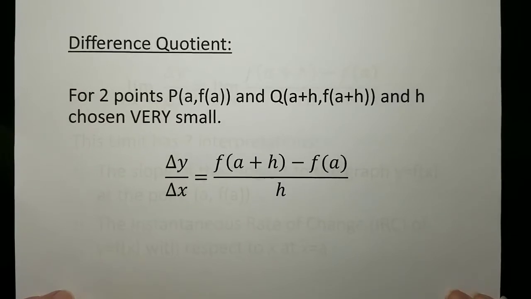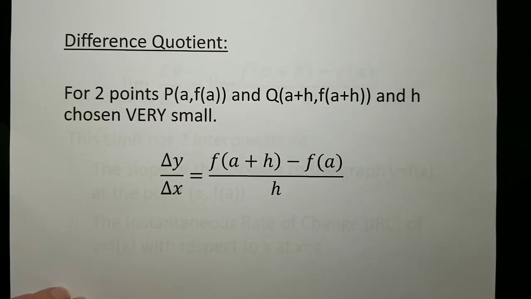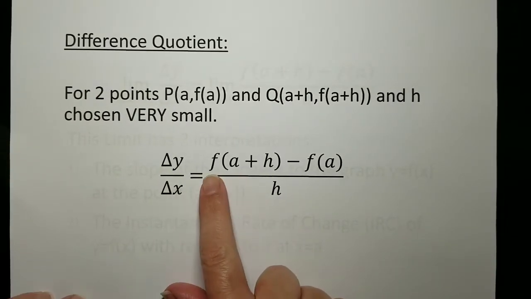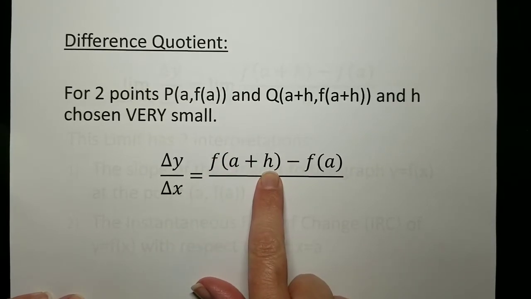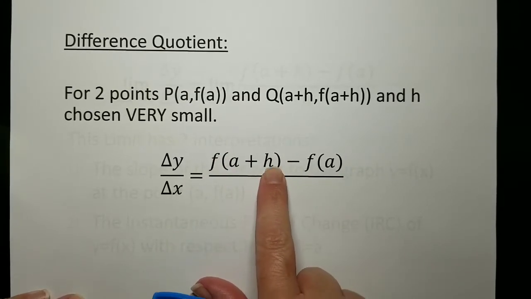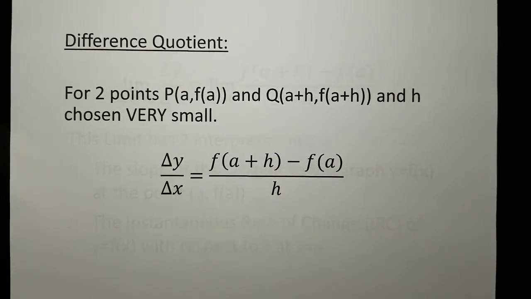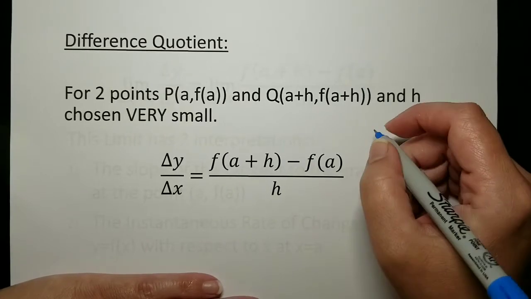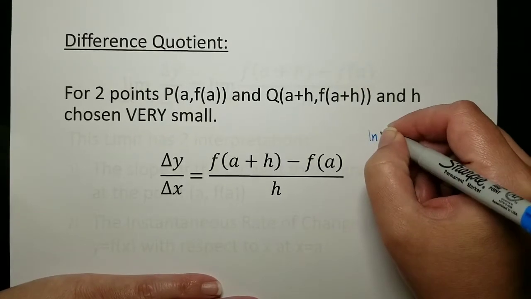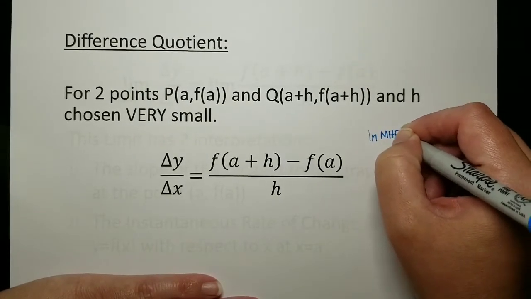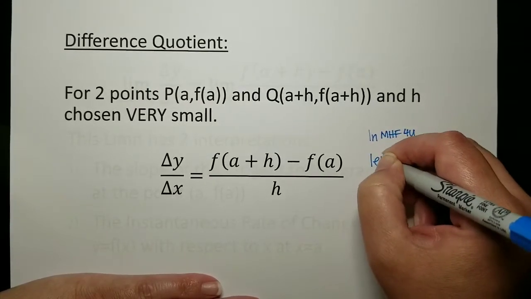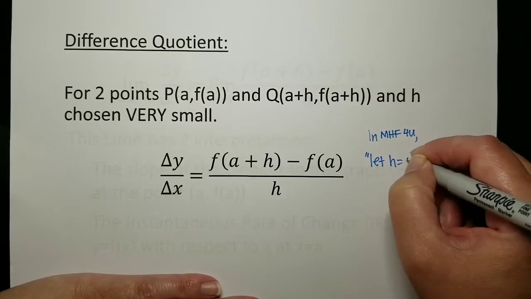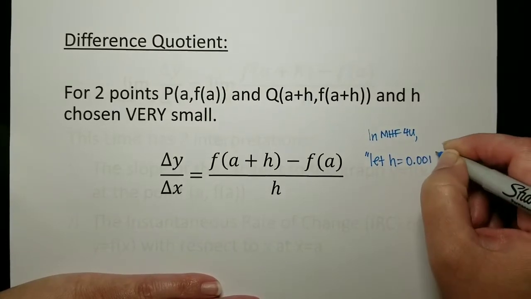So this will look familiar from the Advanced Functions course. We have the value of the function at a plus h. And in Advanced Functions, I think most of you would have done this as just, let h equal 0.001. So in MCV4U, you would have said let h equal 0.001.